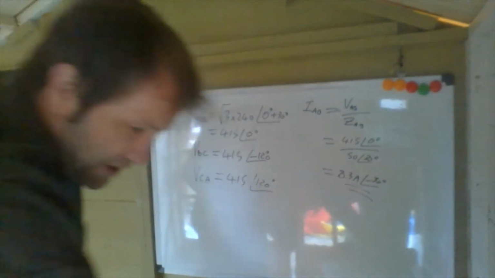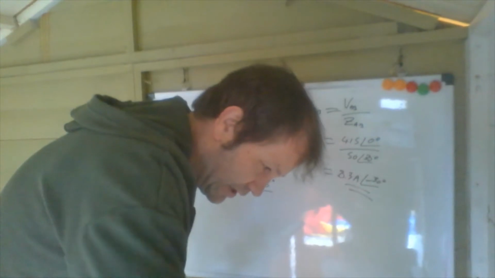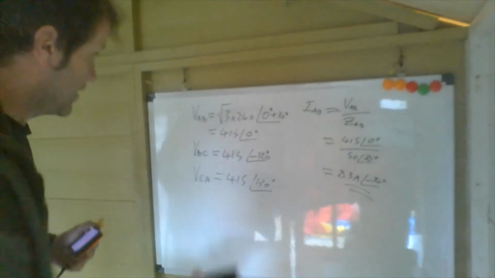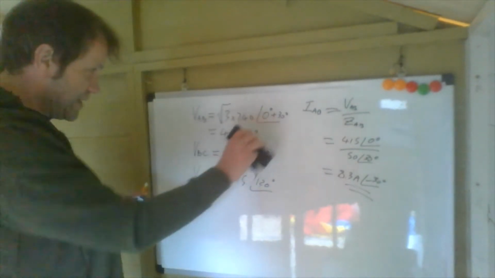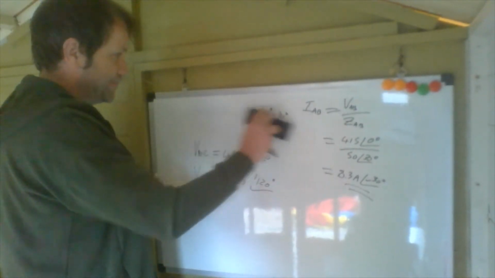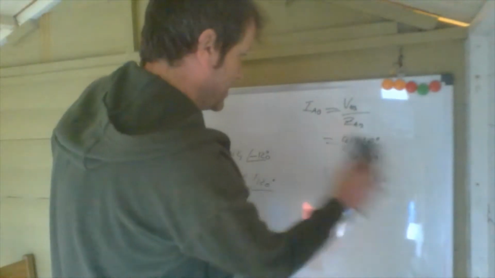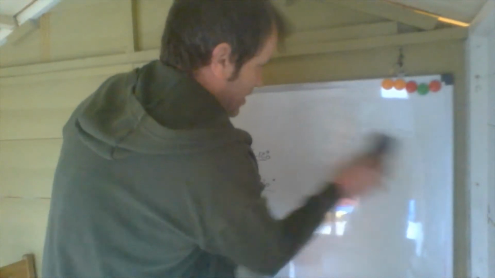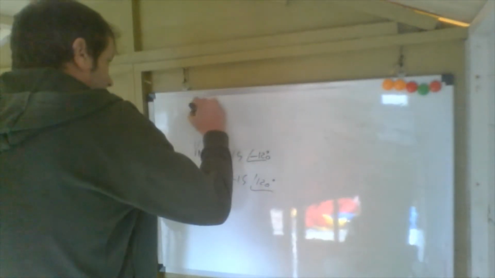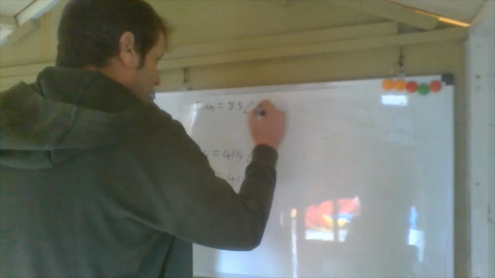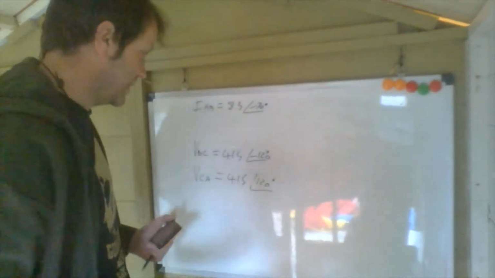So that's the first one. We've used VAB for that, so let's write that up there: IAB equals 8.3 at minus 30 degrees.